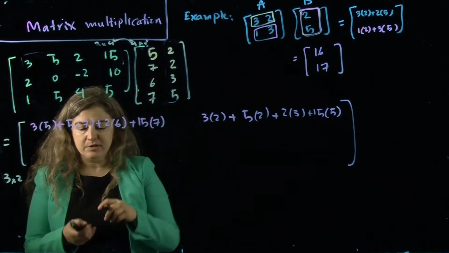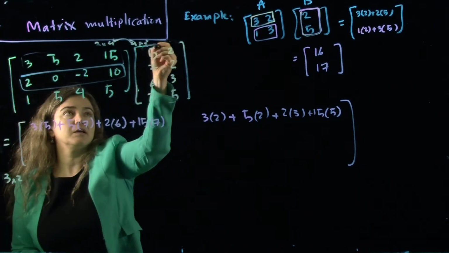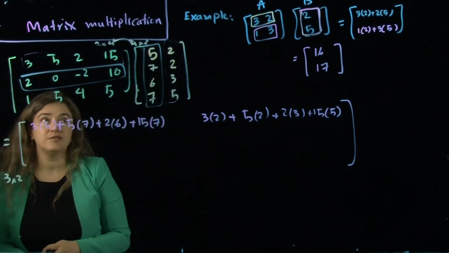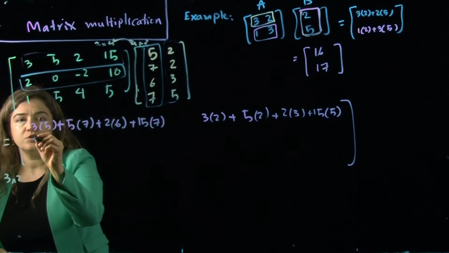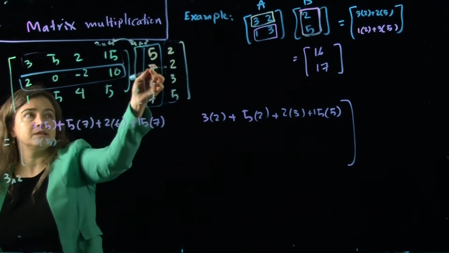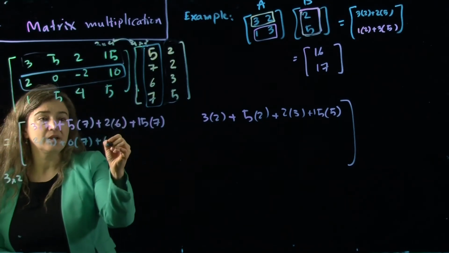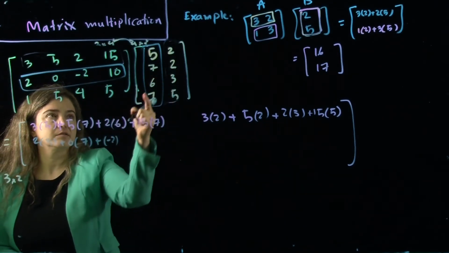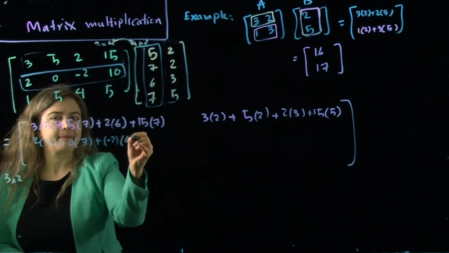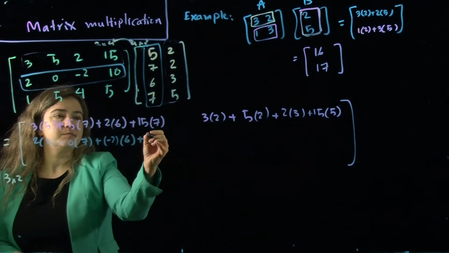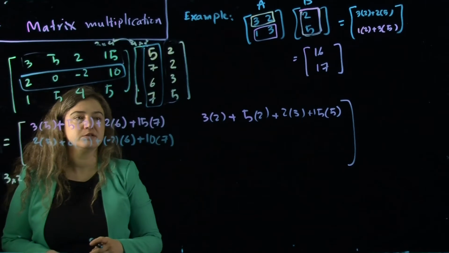So this time around, second row and first column of the second matrix. Again, first times first, second times second, third times third, fourth times fourth.